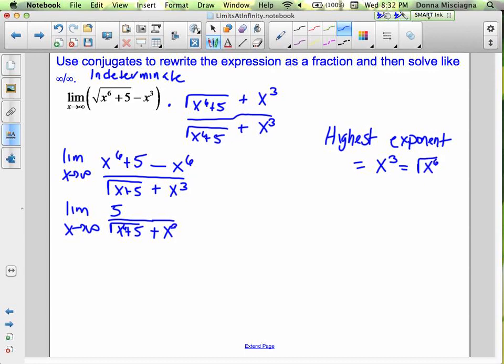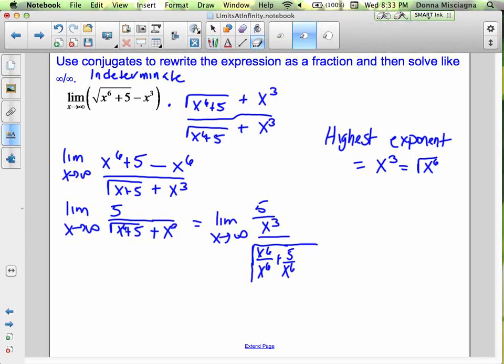So those are the same. So we have, I'm going to go this way now, the limit as x approaches infinity of 5 divided by x cubed, all over the square root of x to the 6 divided by x to the 6 because it's under the radical, plus 5 divided by x to the 6.